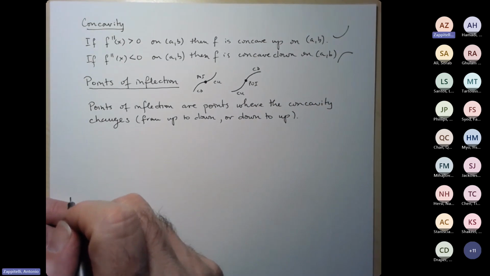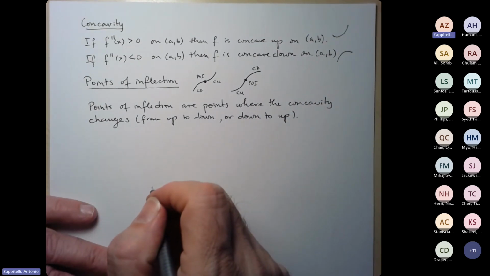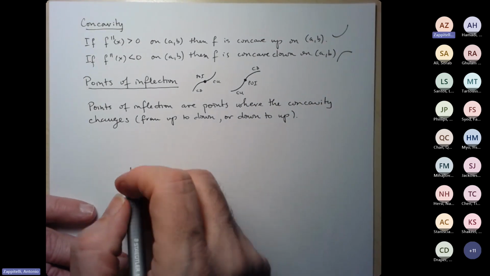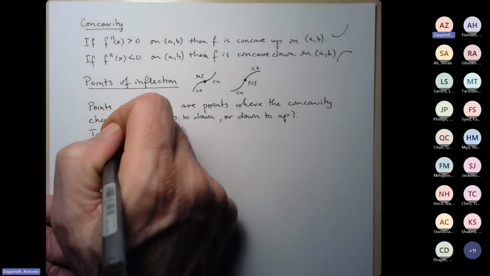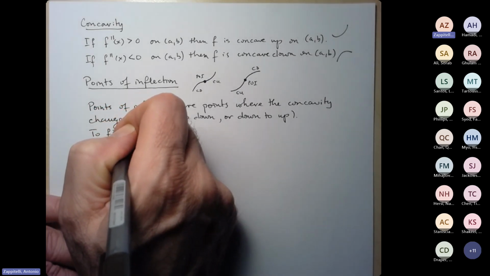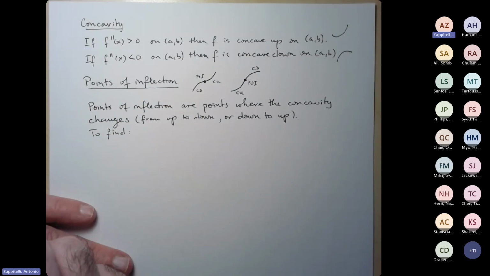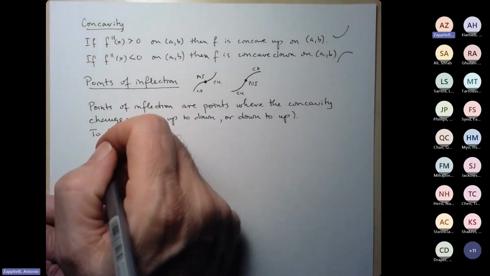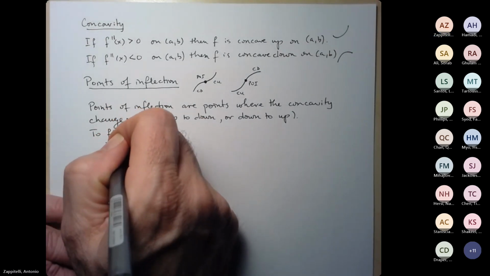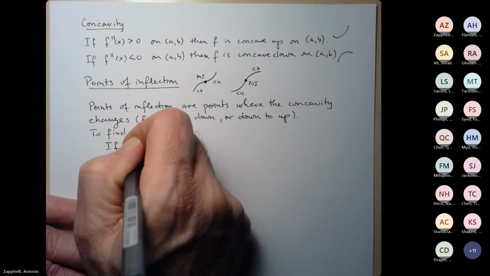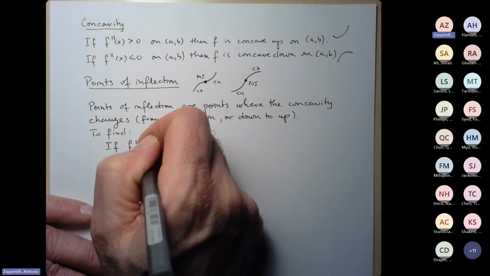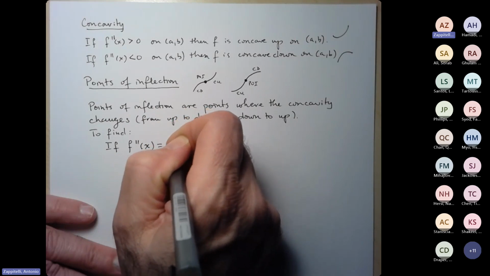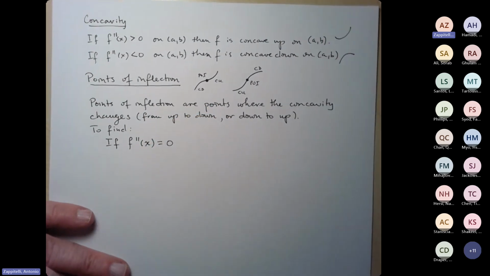Okay, and how do we find the points of inflection? Okay, so to find them, let's give a procedure for finding them. Okay, first, solve for when f double prime at x is equal to 0.